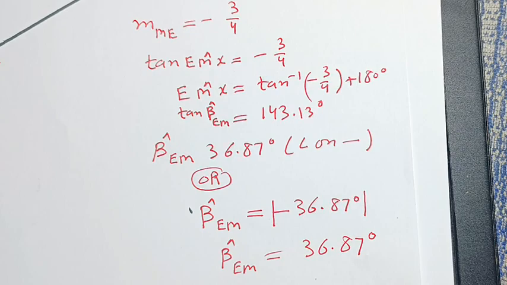It only deals with distance, so absolute value is always positive. So the absolute value of negative 36 comma 87 degrees is positive 36 comma 87 degrees. This is an AP math concept. Whenever you need to make a negative value positive, you apply vertical bars. This sign is called absolute, or you can say modulus, and then negative becomes positive.